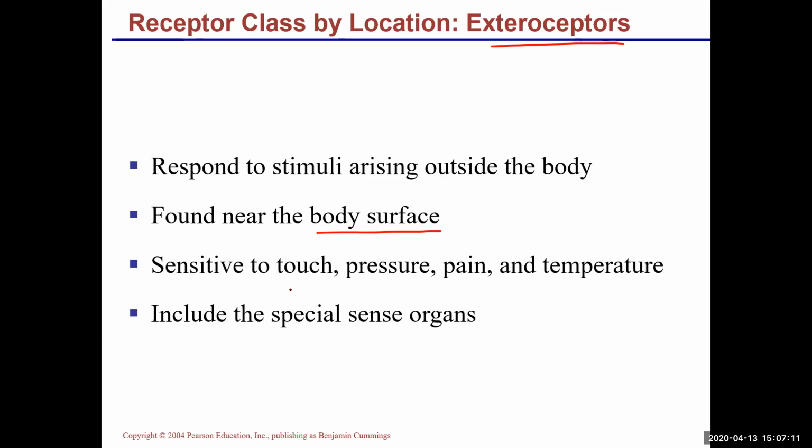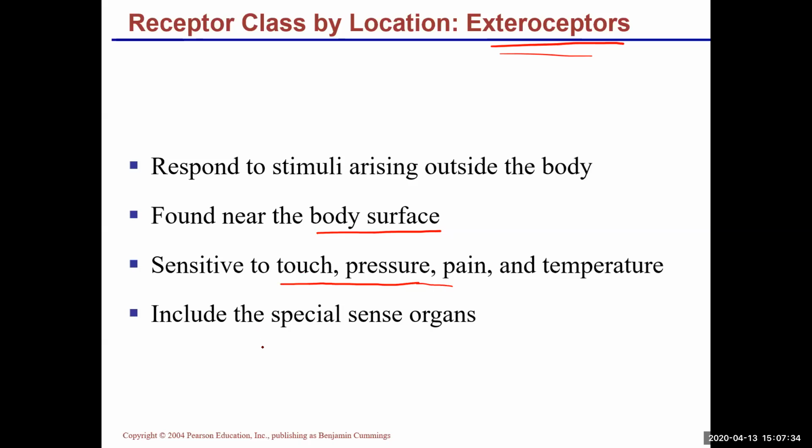Based on stimulus type, this could be mechanoreceptors, but we're talking about the location now. So the location of these is towards the surface of the body. This is the reason why you can detect the slightest thing that touches the surface of your skin. Pain and temperature are the same way as well.